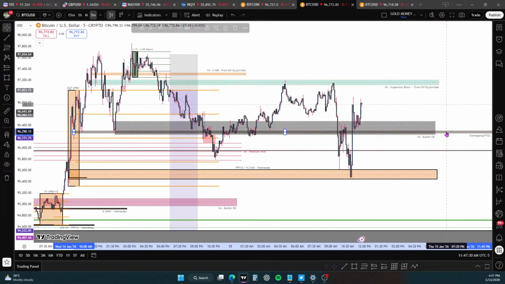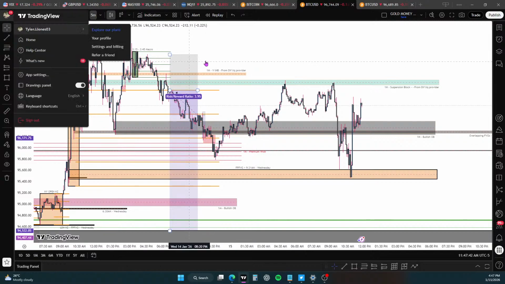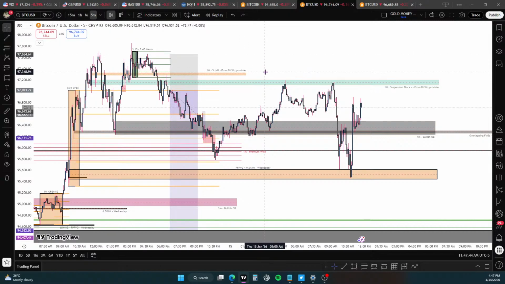Like this overlapping fair value gaps area here, we traded into it, that one wick there traded right into it, tagged it, and then traded higher. That's what I love to see. I don't know what it's called. I think it's called institutional sponsorship, but I'm not 100% sure that is the exact definition.